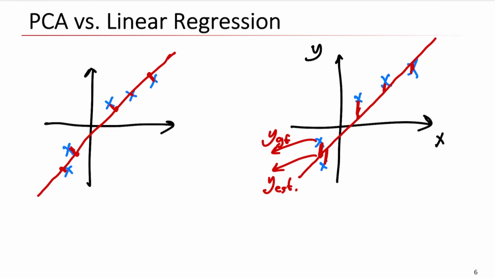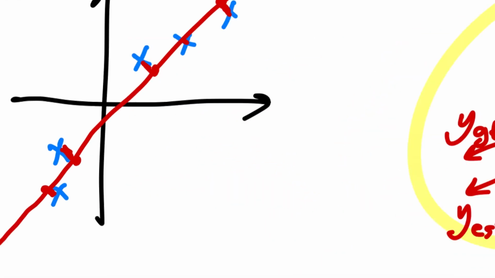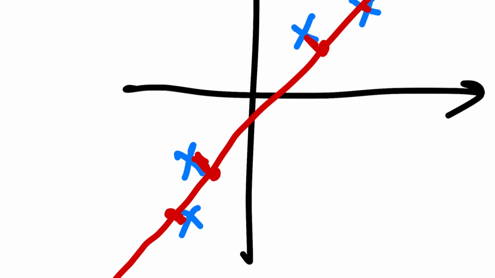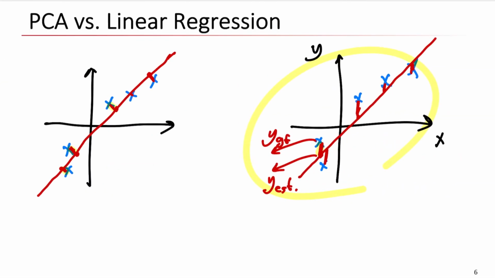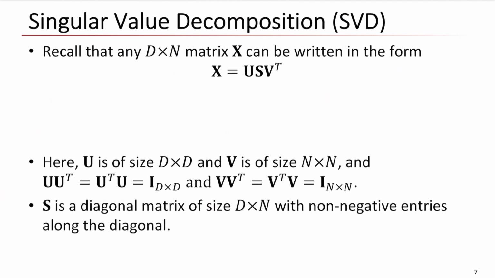Compared to the linear regression, you measure the projection error here. So this is the difference between the PCA and the linear regression algorithm. They have different goals, right? Before starting, I want to introduce the SVD algorithm, the singular value decomposition algorithm.